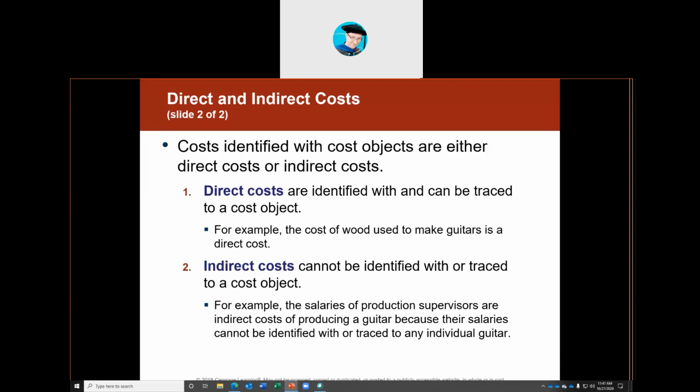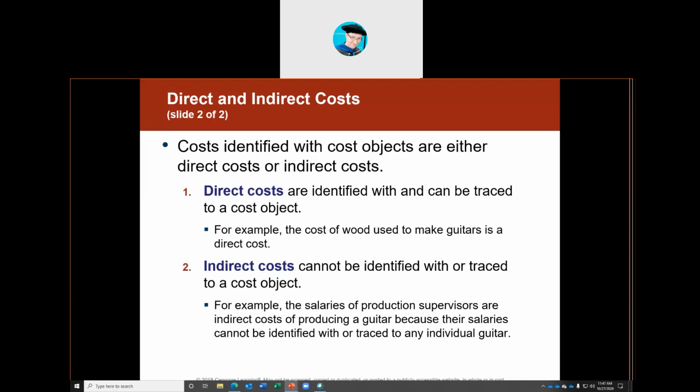Those are the people making the guitars. And then my direct factory overhead, that's the electric that's directly tied to the machines. That's the rent for the space of the assembly line. That's the cost of running the machines. That's all a part of direct factory overhead.